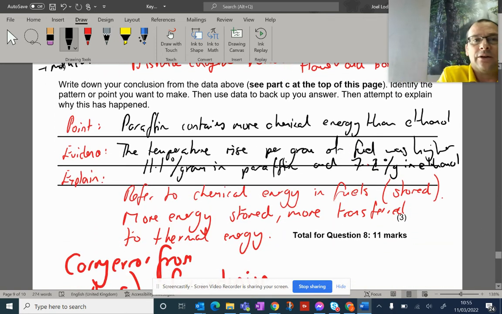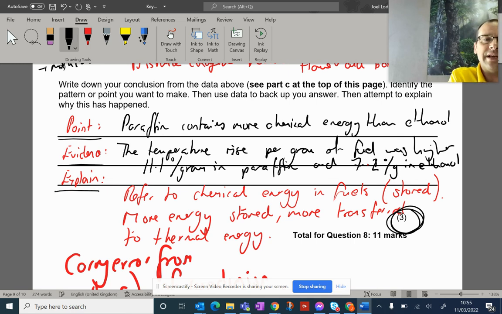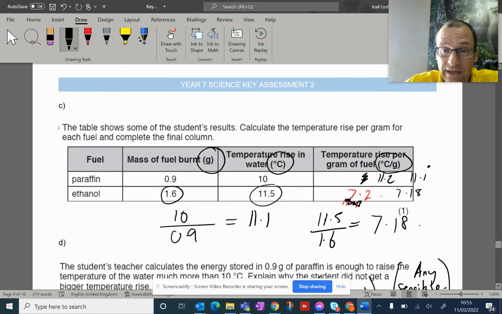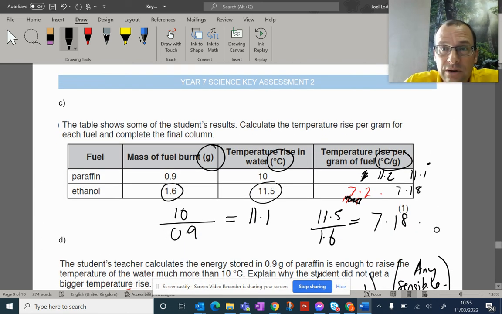So when you make a conclusion, especially if we can see it's 3 marks here, right? So we need a point, we need evidence for it, and we need to explain. So for the conclusion, look at the data here. What are the results we got? What can we tell from that data?